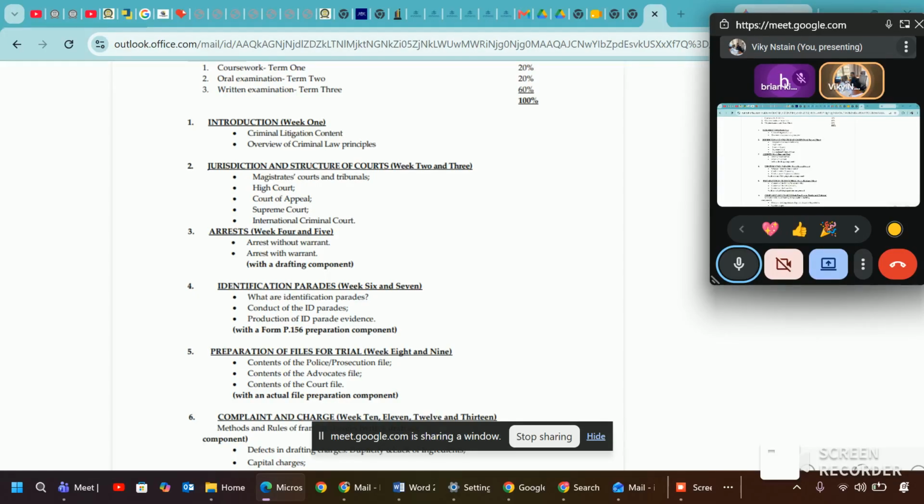And this will be chapter 46. Let me confirm. Research. Identification parades.